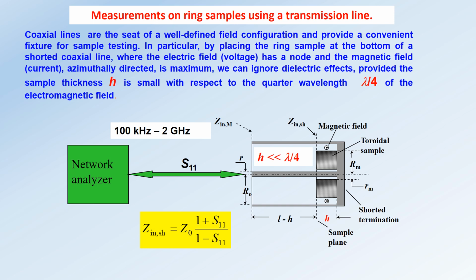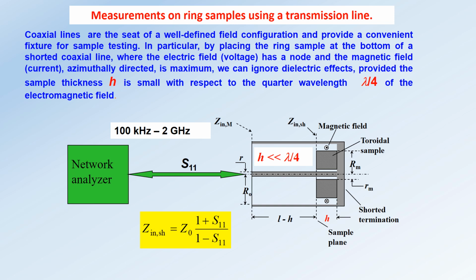Coaxial lines are the seat of a well-defined field configuration and provide a convenient fixture for sample testing, in particular by placing the ring sample, as you see in the figure, at the bottom of a shorted coaxial line, where the electric field voltage has a node and the magnetic field current, azimuthally directed, is maximum, we can ignore dielectric effects, provided the sample thickness h is small with respect to the quarter wavelength of the electromagnetic field.